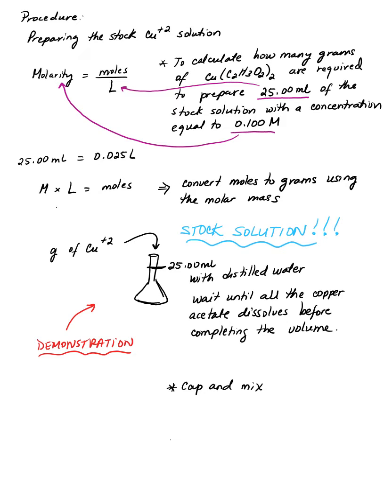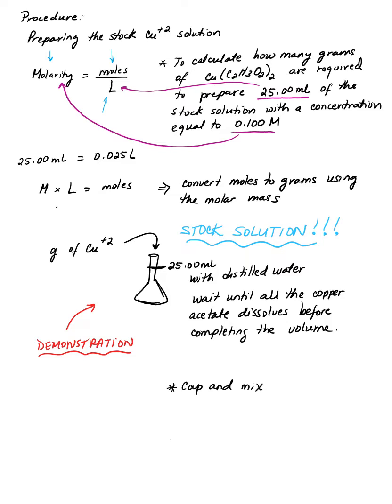So out of the three things that you have in your equation for molarity, moles, and liters, you have two of those three numbers. You have a volume that is converted to liters, and you have a concentration.